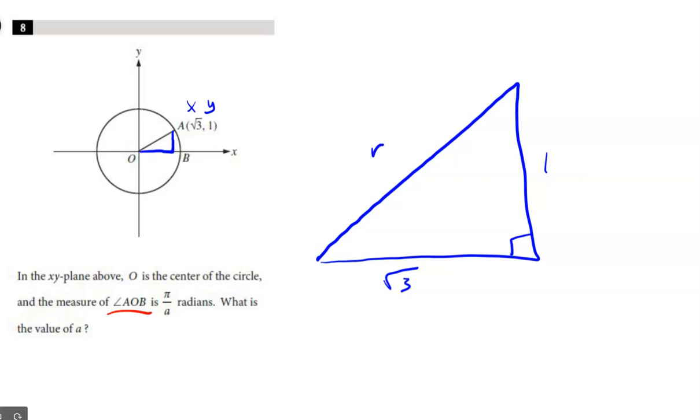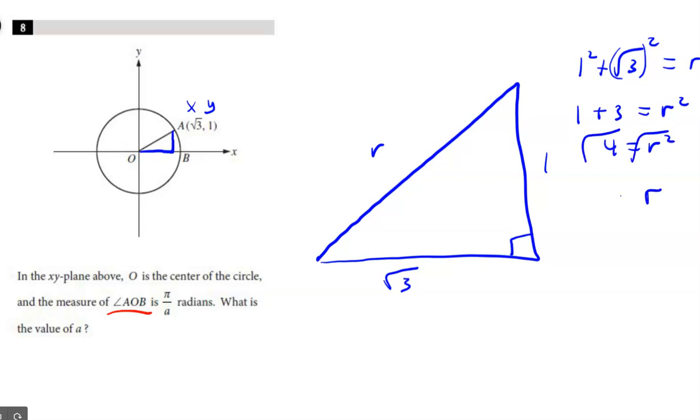I should be able to find that hypotenuse. And I could use Pythagorean Theorem. So leg squared plus leg squared equals r squared. And that's 1 plus 3 equals r squared, or 4 equals r squared. If I take the square root of both sides, I find out r equals 2.